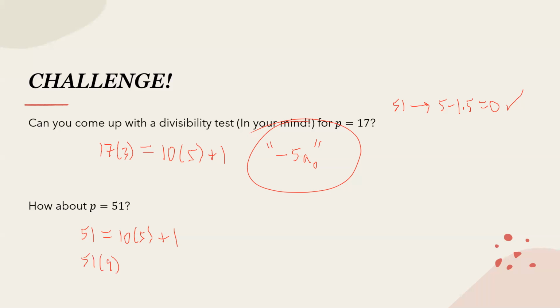That's 459, which is 10 times 46 minus 1. So apparently, one possible test is to add 46 times the last digit, which may not be worth our while. But nonetheless, you can come up with other tests as well. Okay, so that's interesting stuff for sure.